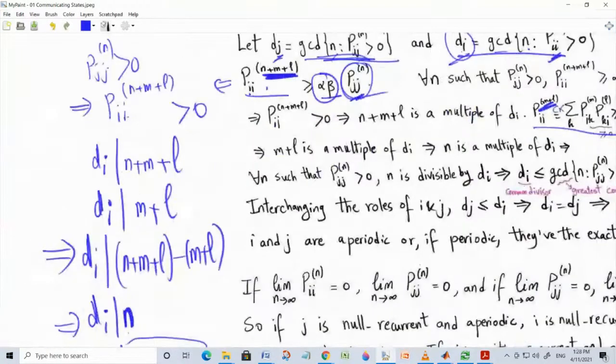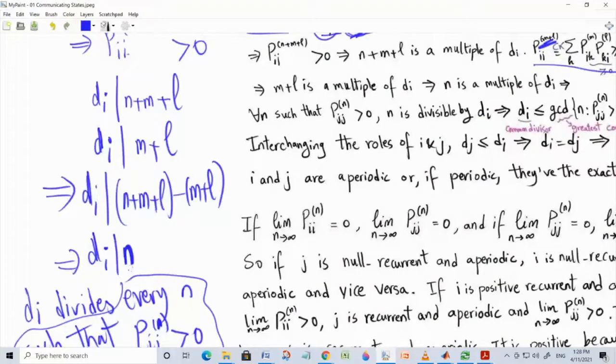So di divides also m plus l, so it divides the difference, and the difference is n. So for every time instance for which bjj of n is strictly positive, di is a divisor. So di is less than or equal to dj, which is the greatest common divisor.